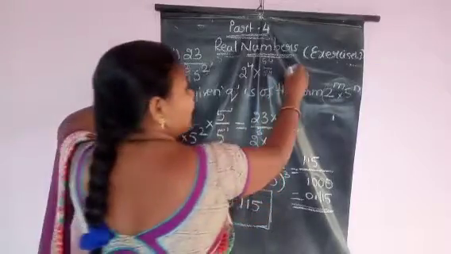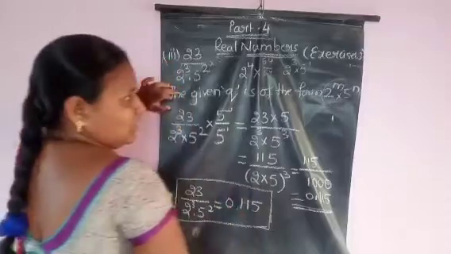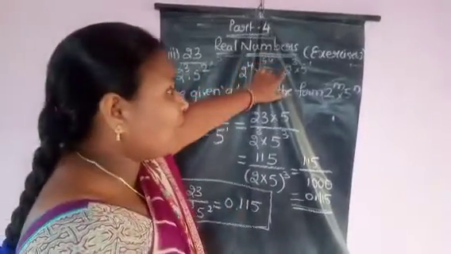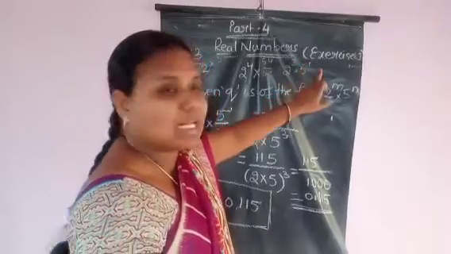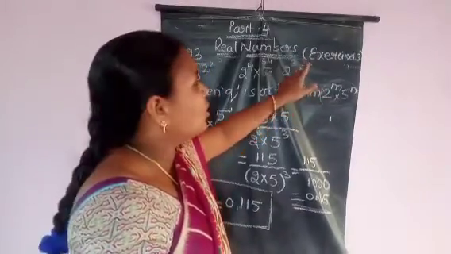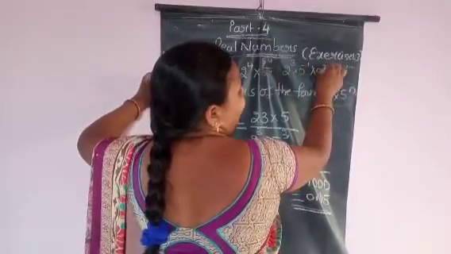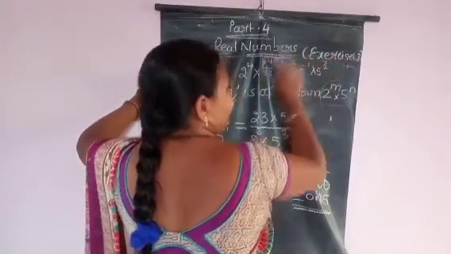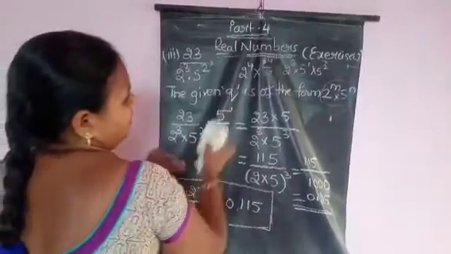If it has 2 to the power of 3 into 5 to the power of 1, we need both powers to be the same, so we multiply by 5 to the power of 2 by 5 to the power of 2. Then our solution is easy.